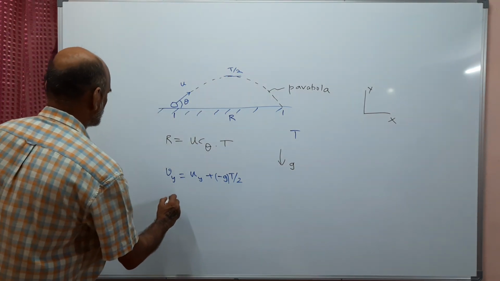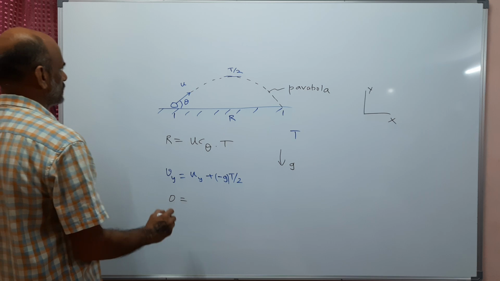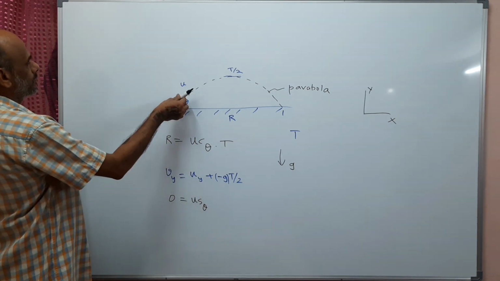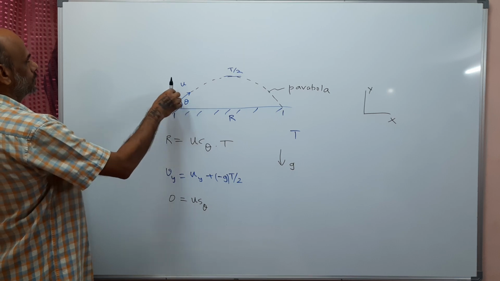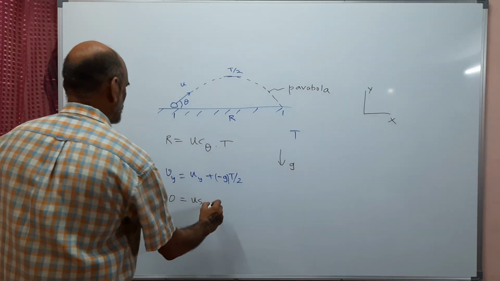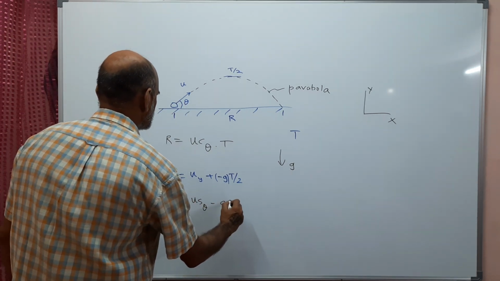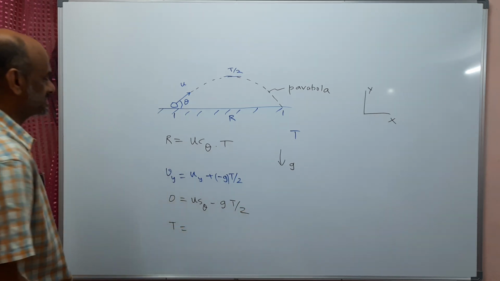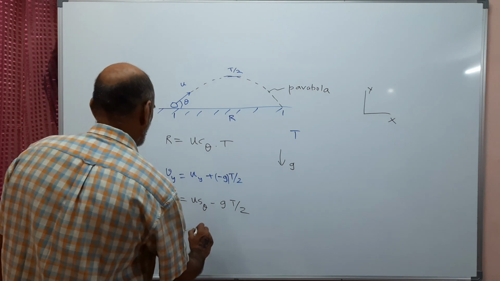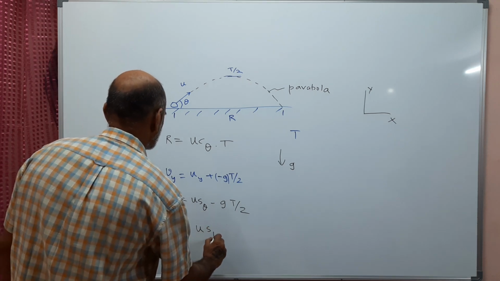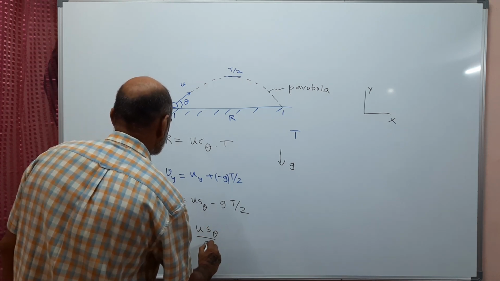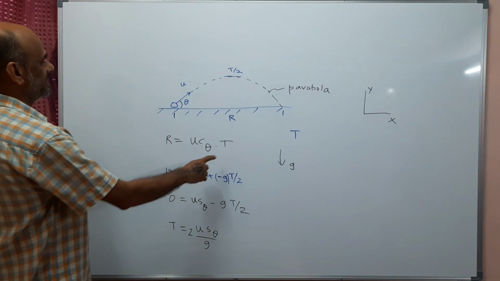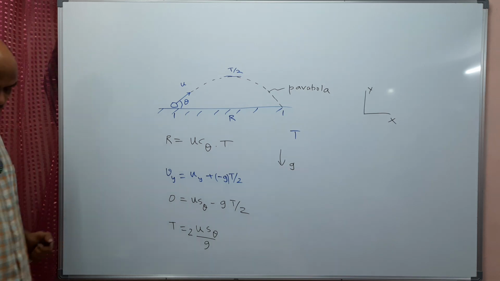So there the velocity is 0, and the initial y component of the velocity is u sine theta. u will have two components, u cos theta in the horizontal direction, u sine theta in the vertical direction. So 0 equals u sine theta minus g t by 2. From this I'll get the time of flight t as 2 u sine theta by g. So once I know the flight time, I can put it here to get the range.